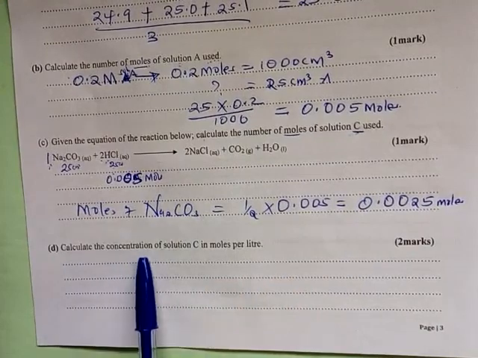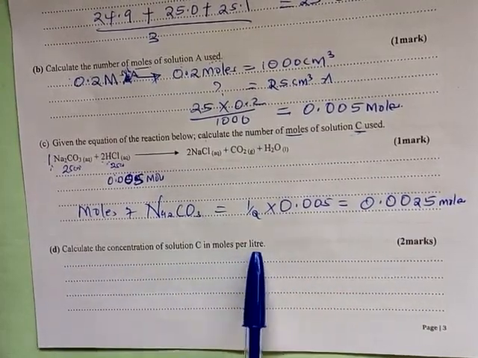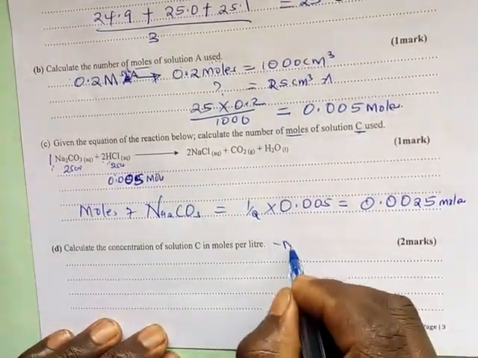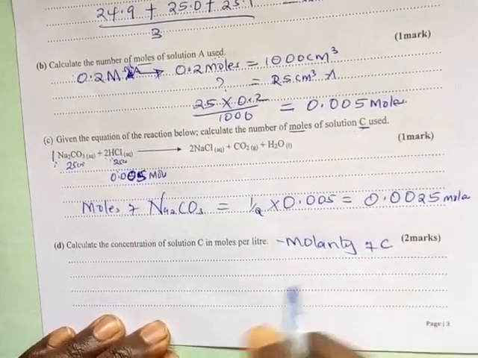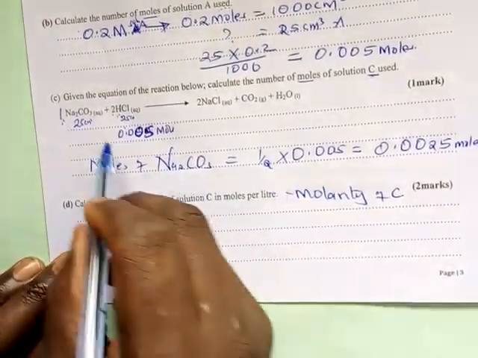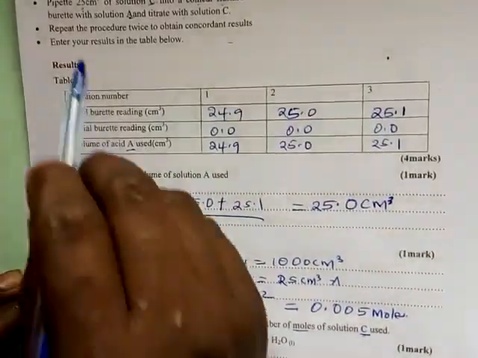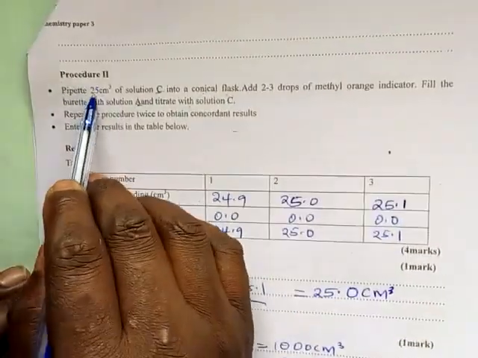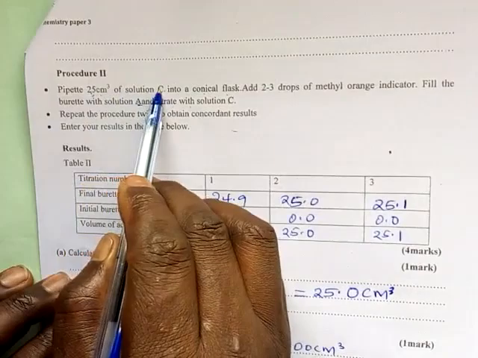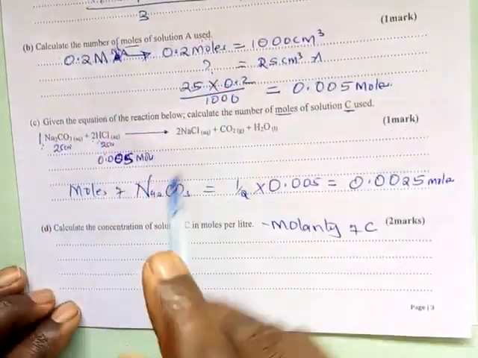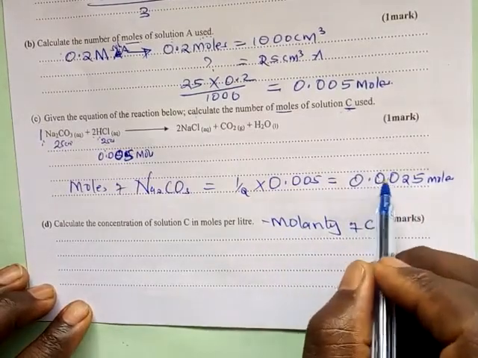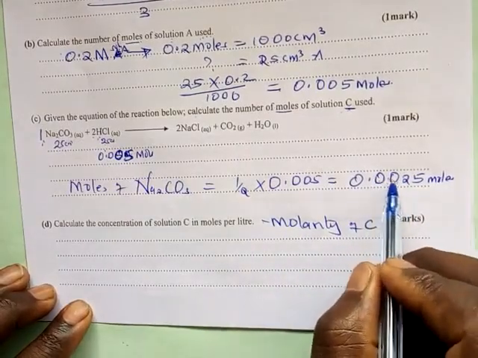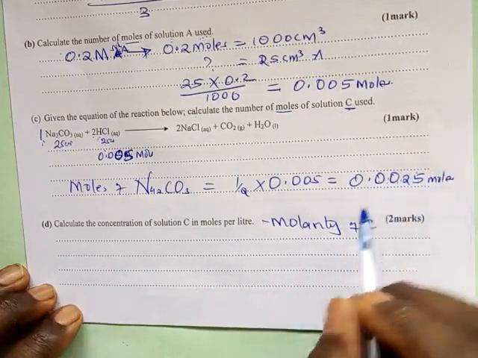Calculate the concentration of solution C in moles per liter. So we want to calculate the molarity of C. But we know we used 25 centimeters cube of C. So this number of moles that we have here is the number of moles of solution C in 25 centimeters cube. So what about 1,000?